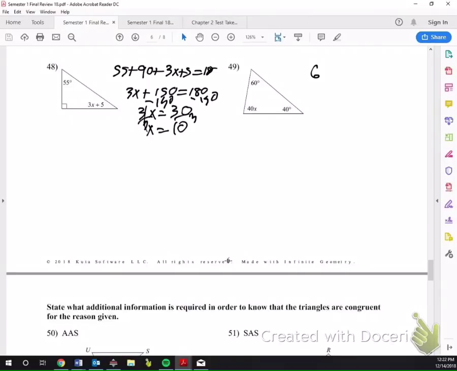So for 49, we go 60 plus 40x plus 40 equals 180. 60 plus 40 is 100, so we have 40x plus 100 equals 180. Subtract both sides by 100, and we have 40x equals 80. Divide both sides by 40, the division property of equality, and we get x equals 2. Okay.